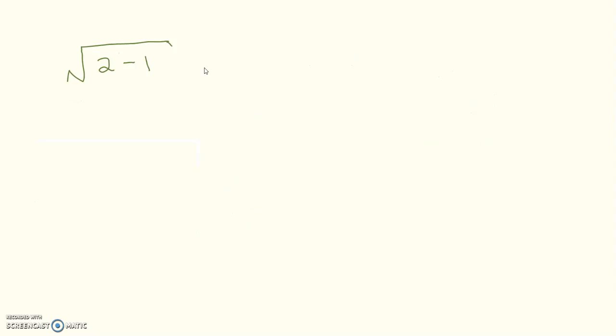Say, for example, we have the square root of 2 minus 1. Now notice I have 2 terms, not a string of factors, but 2 terms within this square root symbol, within this radical. What does that equal? Well, by the logic that some people were mistakenly using, they'd say, well, that's the same thing as the square root of 2 minus the square root of 1.